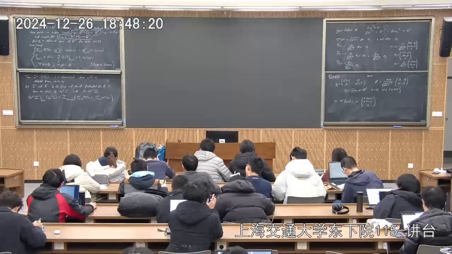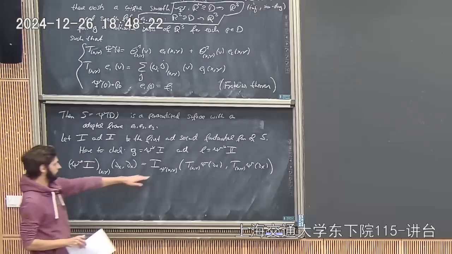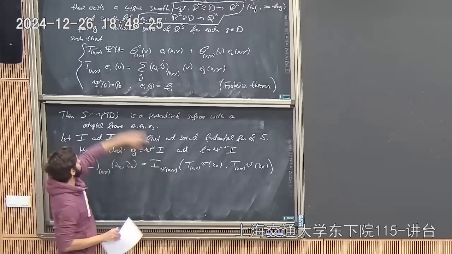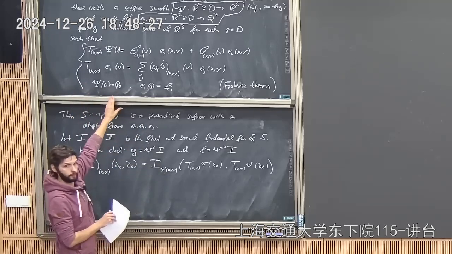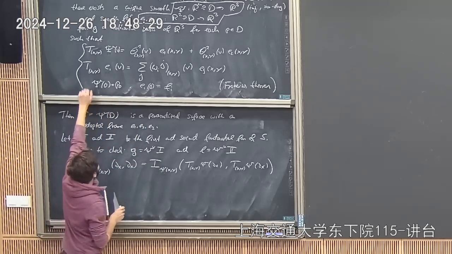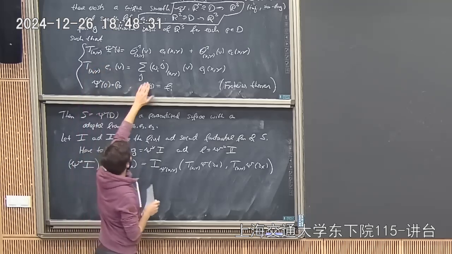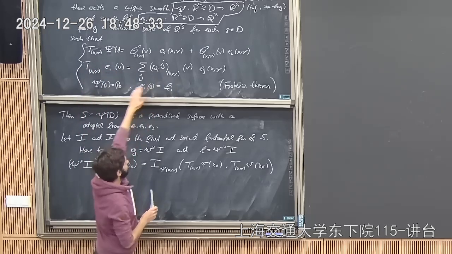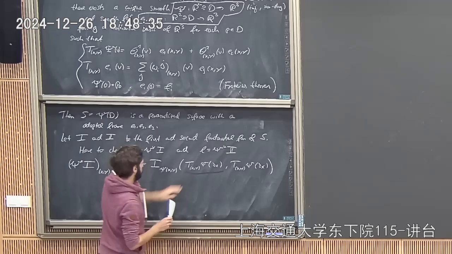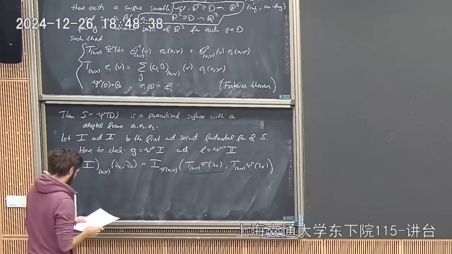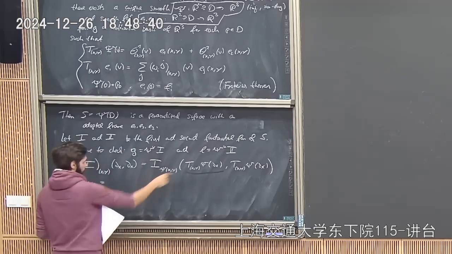The problem is that the only thing I know about psi is that it's a solution to these equations. I don't know anything else than that. But that's okay. Now we can plug in this first equation that we have for these terms there.